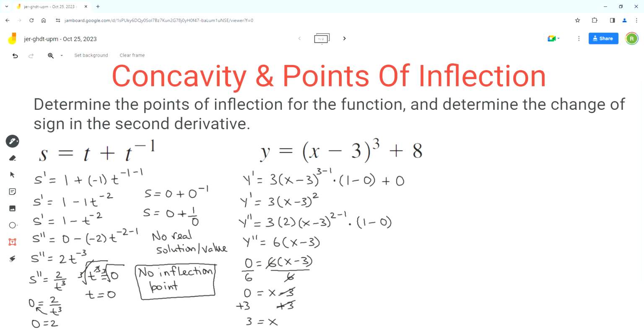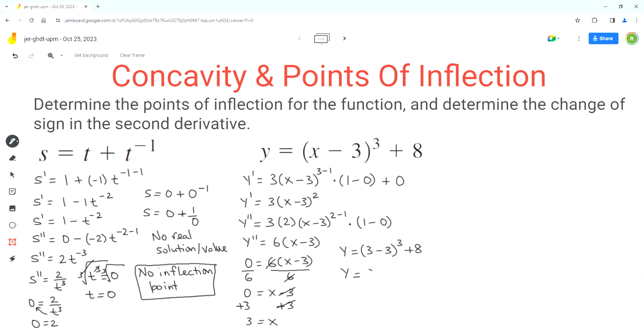Now we can sub in this x value in the given function to find the y value for this x value. So we do y equals, so we sub in x as 3. So 3 minus 3 is 0. So the first term goes away.